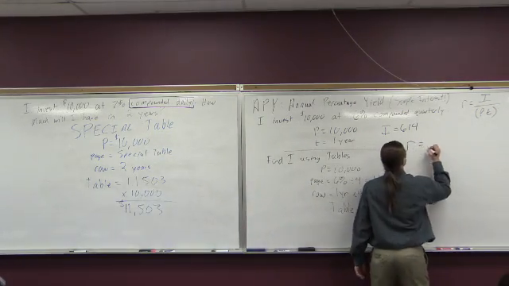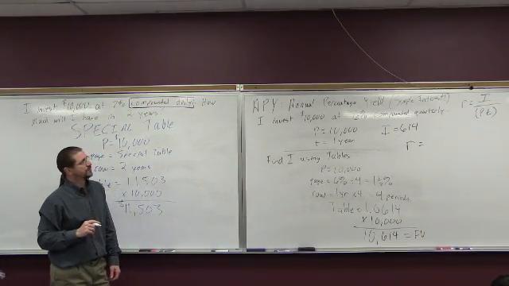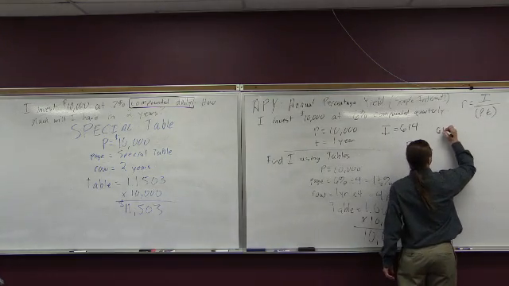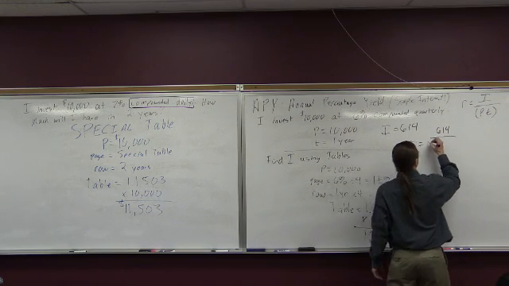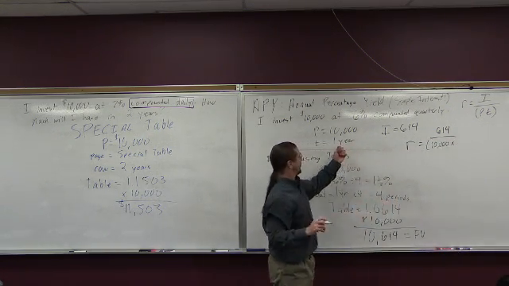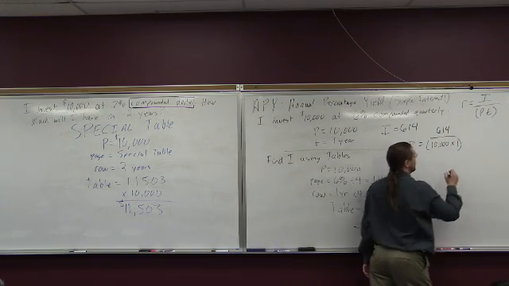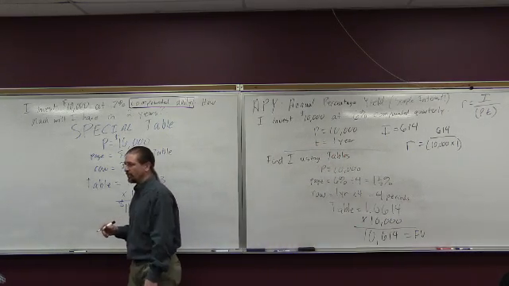So my rate in this problem is my interest, $614, divided by my principal, which is 10,000, times time, how many years am I doing this for? 1. And again, you guys don't have to punch that in your calculator because you know what happens when you multiply by 1.